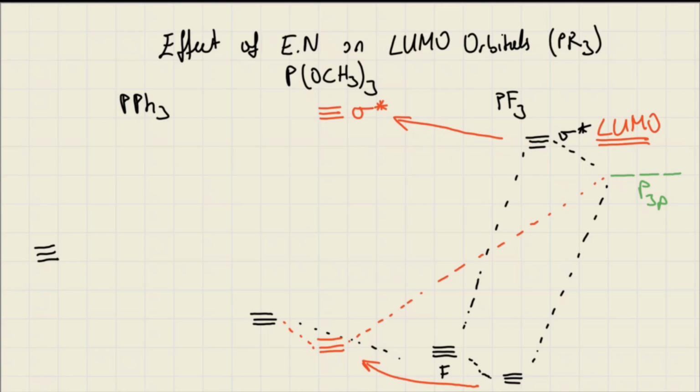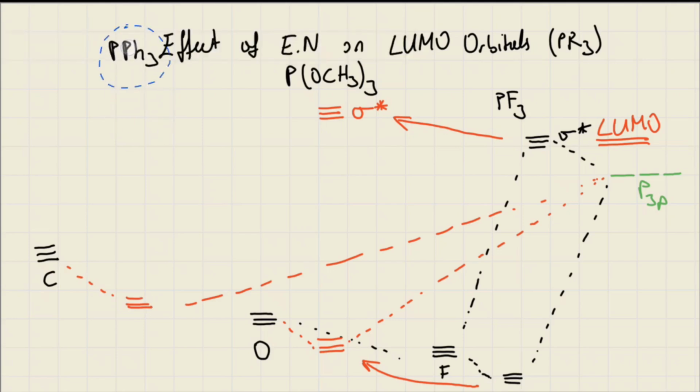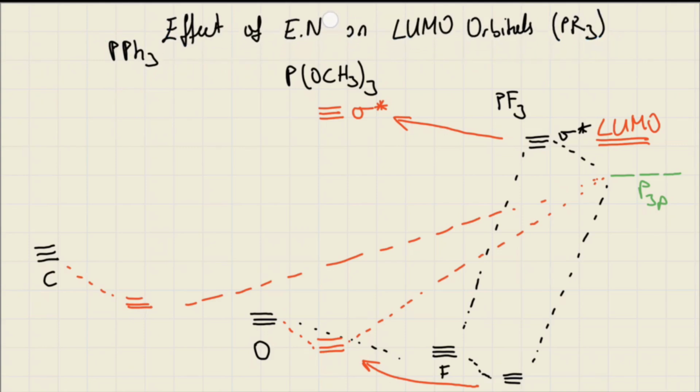And in PPh3, carbon, so this is carbon, and this is the oxygen orbitals. In the carbon case, it will be worse, since the interaction between these orbitals will be higher, maybe something like this, and therefore this energy will increase more, right?